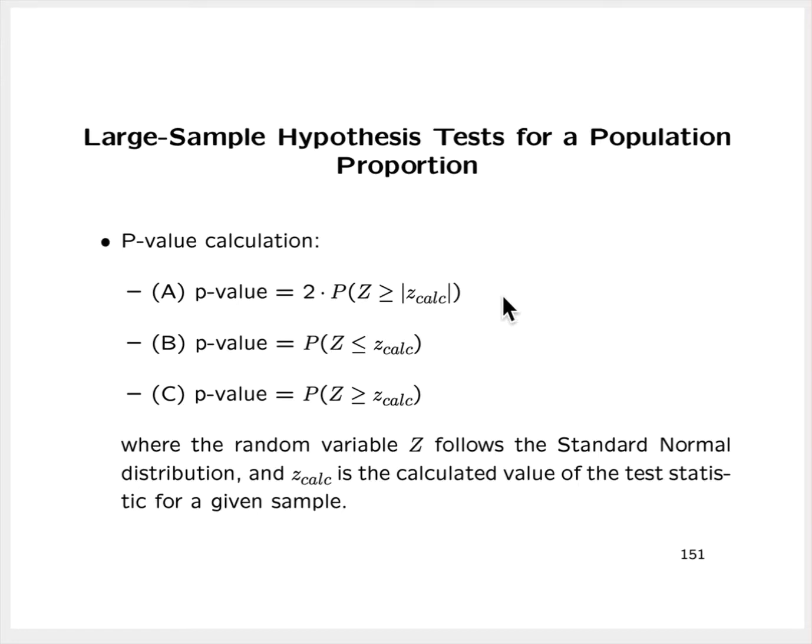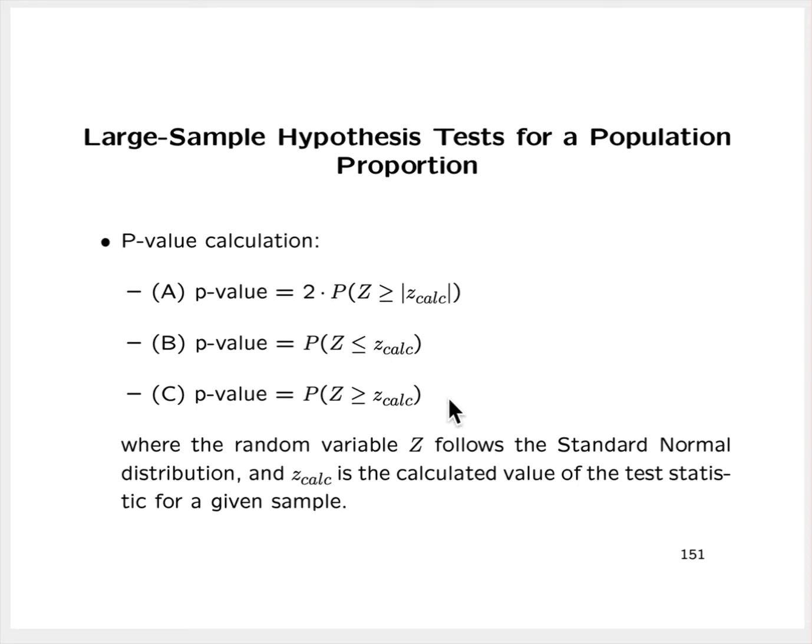So again, if we're performing a two-tailed test, then the p-value for that test is 2 times the probability that a standard normal random variable is greater than or equal to the absolute value of the test statistic z-calc. If we're performing a left-tailed test, then the p-value is the probability that a standard normal random variable is less than or equal to the observed value of z-calc.